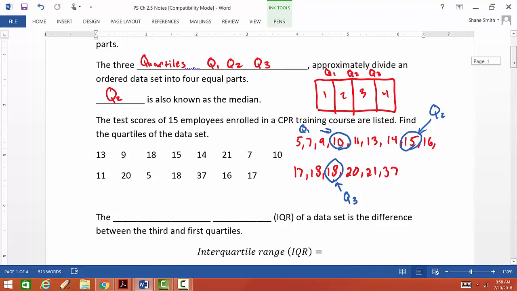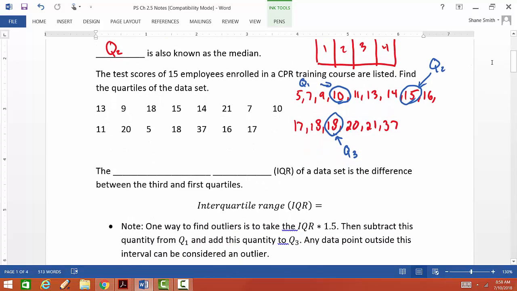Now, one purpose of quartiles, I should say, is calculating the interquartile range. And a couple sections ago, I talked about outliers. Outliers were data values that were far away from the rest of the data.